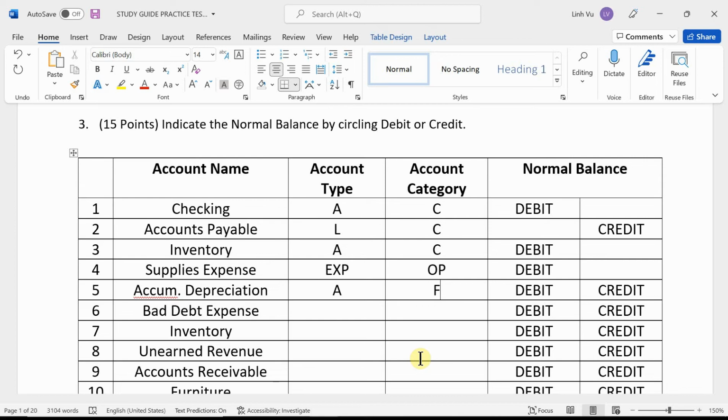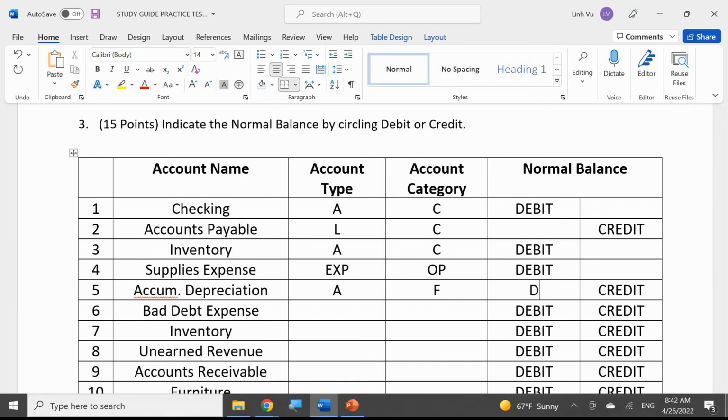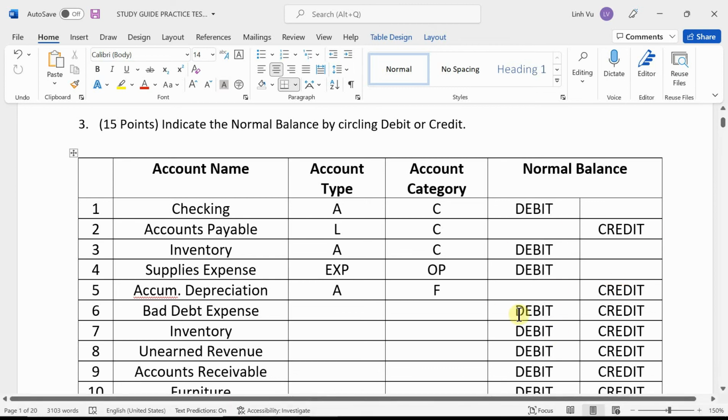So would you increase it or decrease it? Decrease. So in this case, this gives a credit, right? A big indicator is that this is a contra account. Accumulated depreciation is a contra account to a fixed asset. So if it's a contra, it would normally flow in the opposite direction.